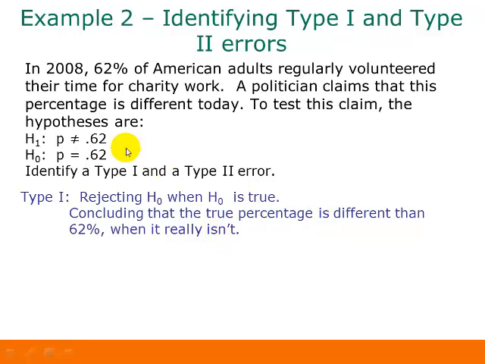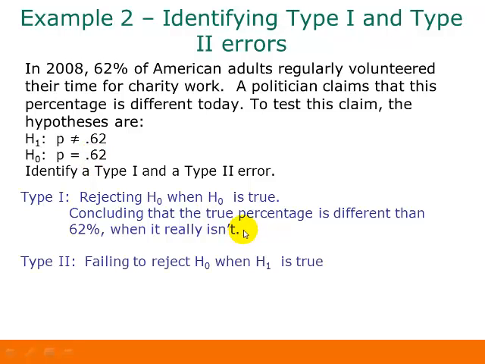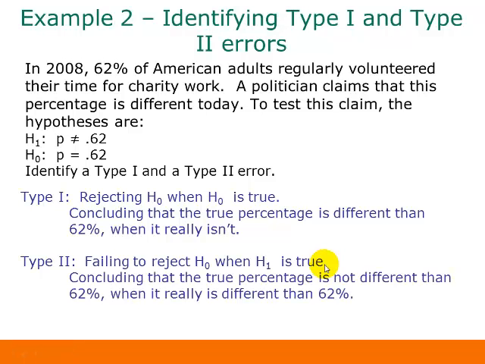So again, it's like accepting the alternative hypothesis when the null hypothesis is the true one. Type 2 is the opposite. This would be accepting the null hypothesis when the alternative hypothesis is actually true. And that would mean concluding that the true percentage is not different than 62% when it really is different than 62%.